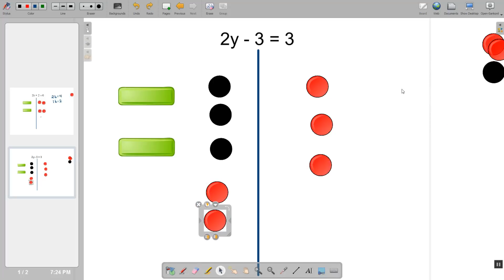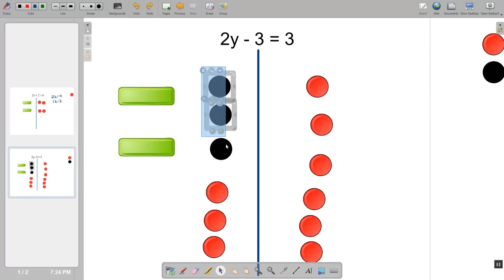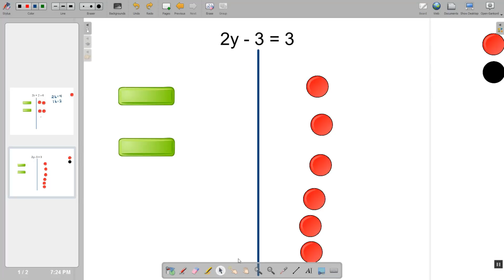But if I remember from before, I can't simply just add 3 positive chips to one side. I have to add those same positive chips to the other. Now, I know that 3 negatives and 3 positive chips are all going to be equal to 0, so they can be removed.